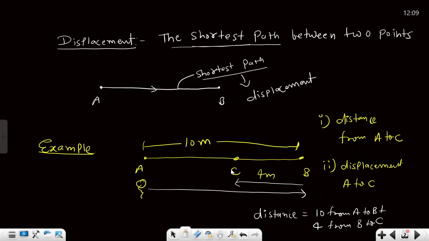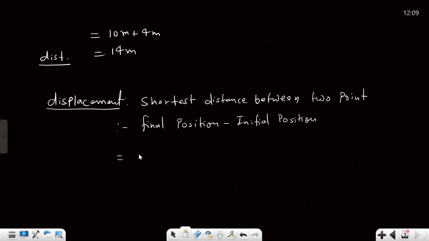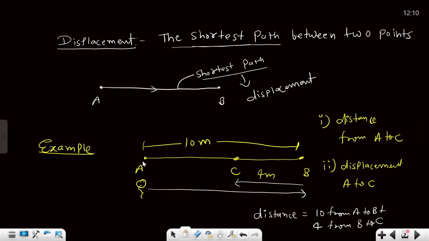So what is the final position of this particular person? That is C. And what is the initial position? That is position A. So we write the final position at point C minus at point A. At point C, his position is 6 meter from the initial position. How can we write it? From A to B, that is 10 meter, and from B to C he traveled back 4 meter.